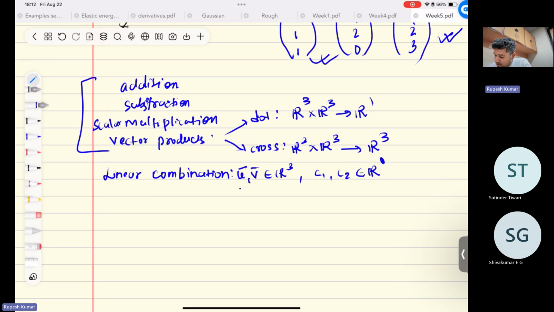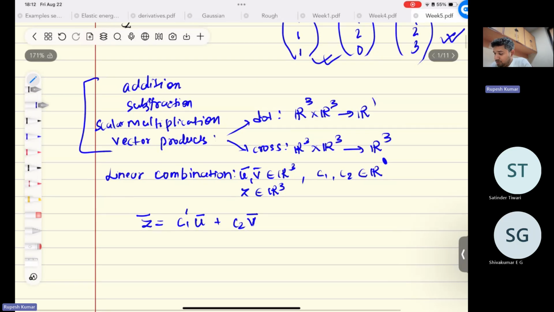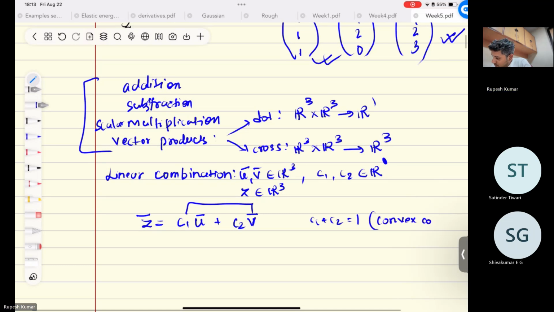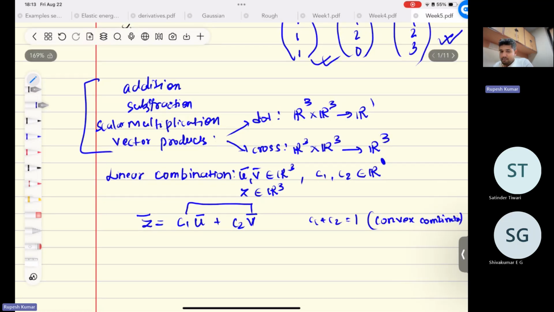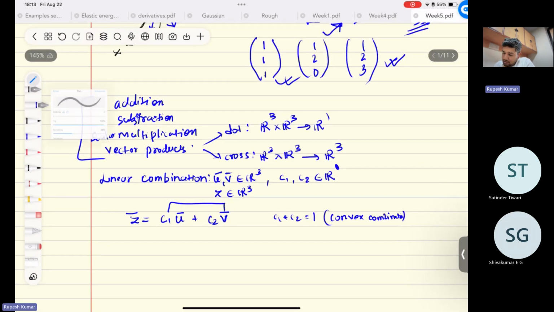So let's say z is a vector that belongs to R3 space, and z can be written as c1 u plus c2 v, right? Now this is essentially a linear combination of these two vectors. If c1 plus c2 equals 1, this is also known as a convex combination, right? So these were some basics that you must have seen in the lectures.